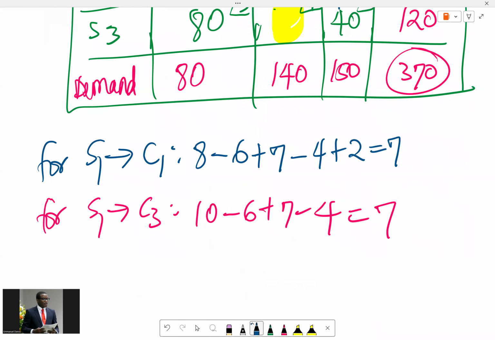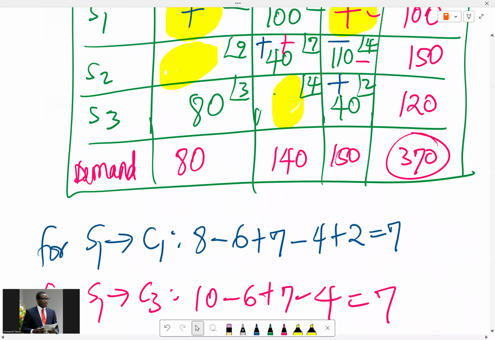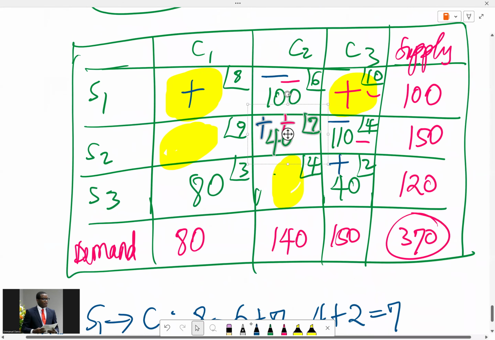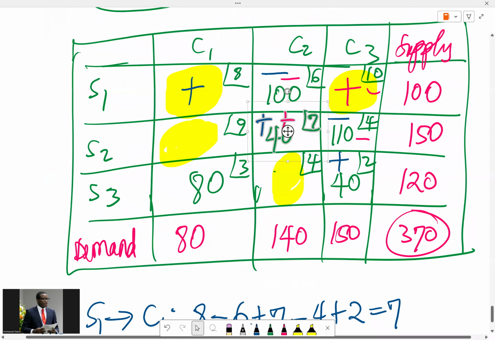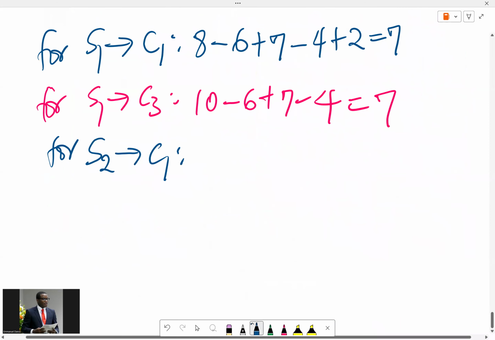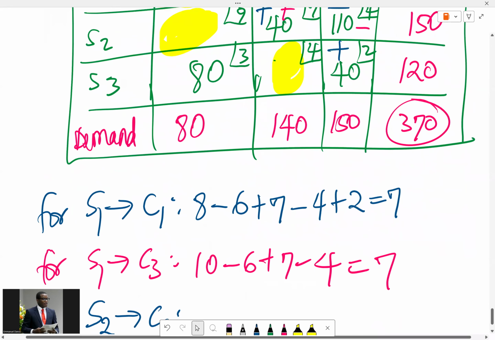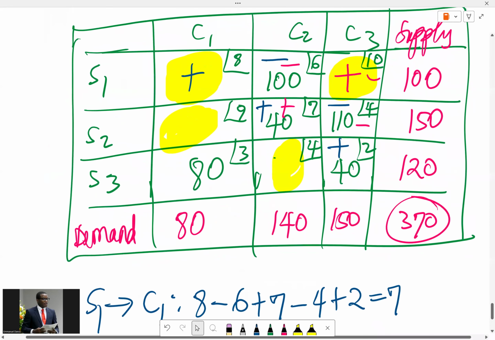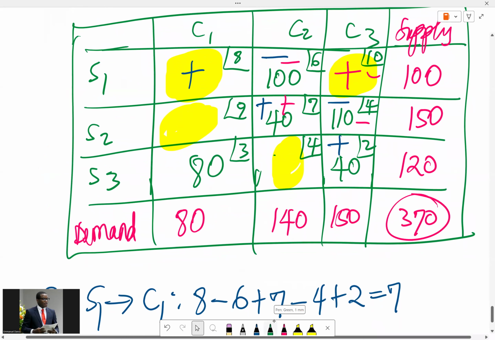So we go for the next empty cell, which is S2 to C1. Let me use a green marker. For S2 to C1, we can add 1 here. If you add 1 there, we can subtract here to balance things up.